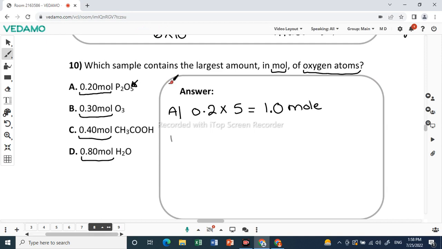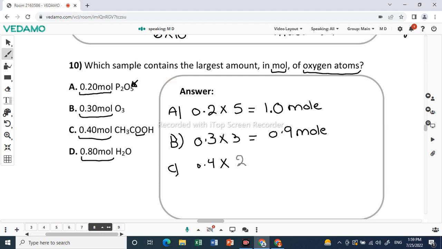You will do the same for B. You take your whole mole number, multiply it by how many oxygen atoms you have, and your final answer is 0.9. We have the C now, which is 0.4, and I'm going to multiply it by the oxygen atoms, which is 2.